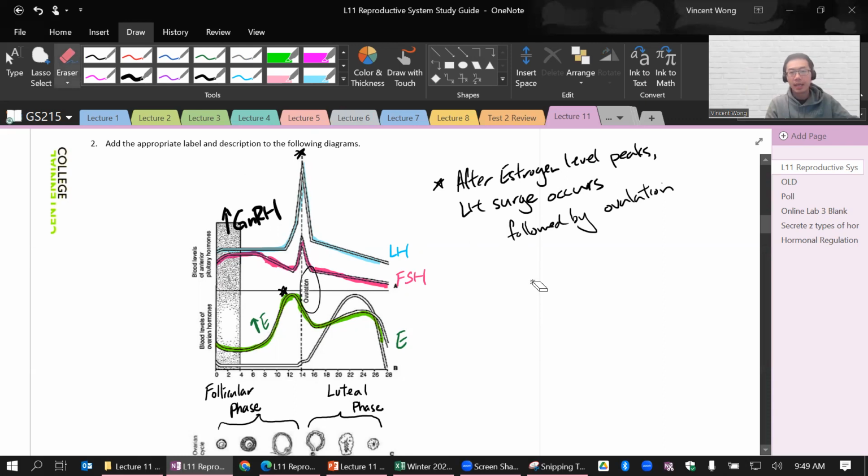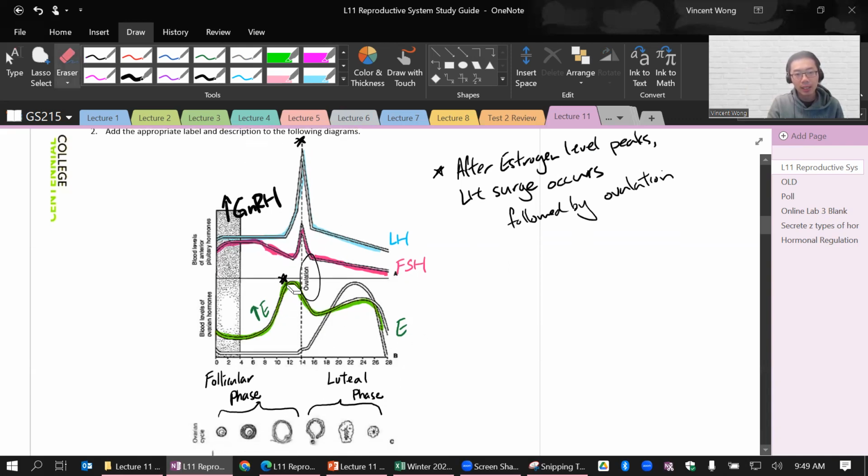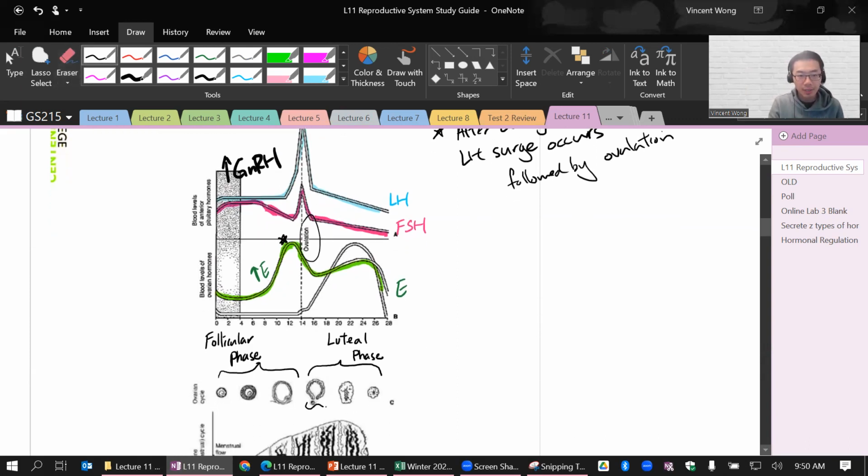As soon as ovulation occurs, though, the follicle is no more. It turns into the corpus luteum, right? So that's why the estrogen declines immediately after. With the decline of estrogen, the LH surge is over. Now that we have the corpus luteum, which is what this stuff is, this is the corpus luteum.